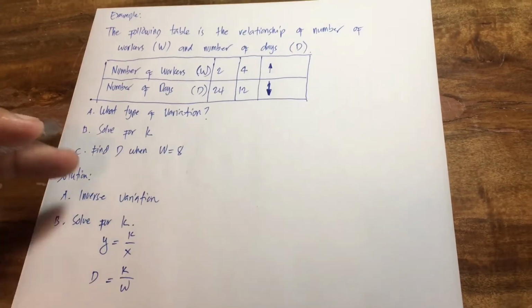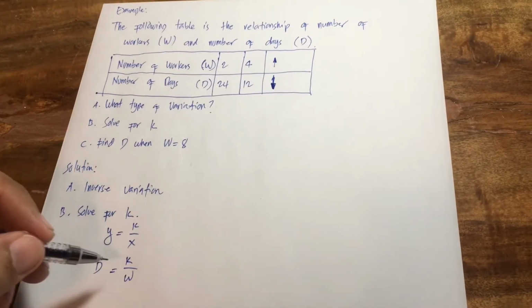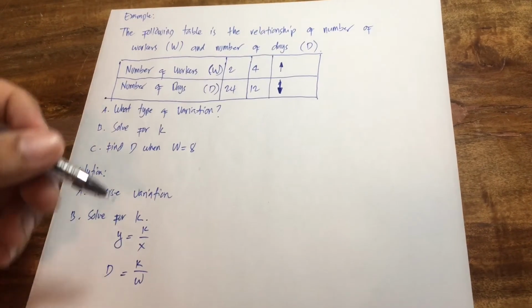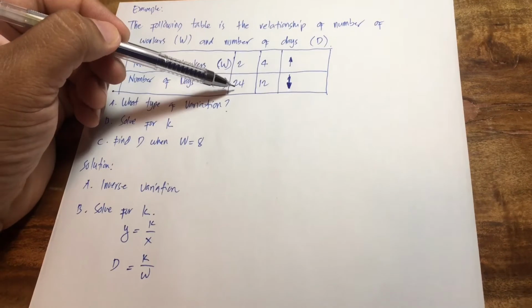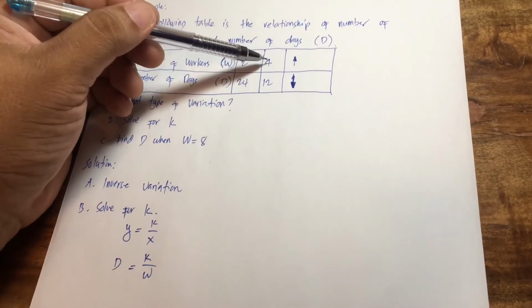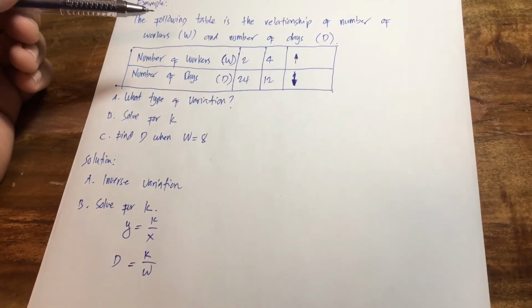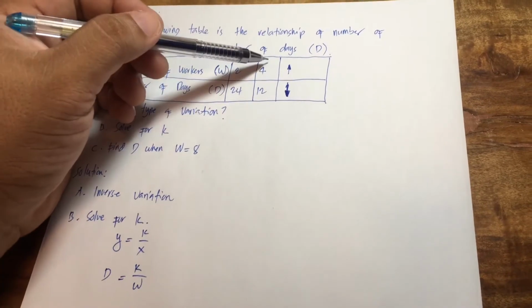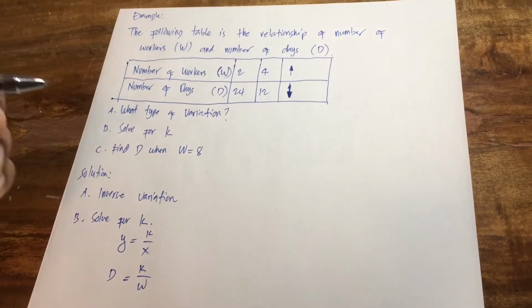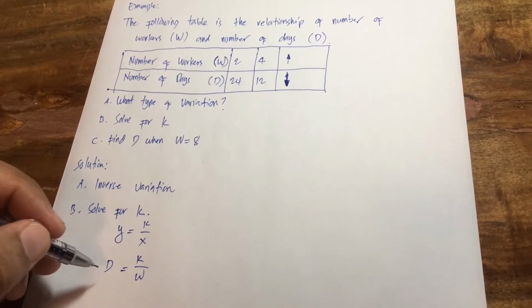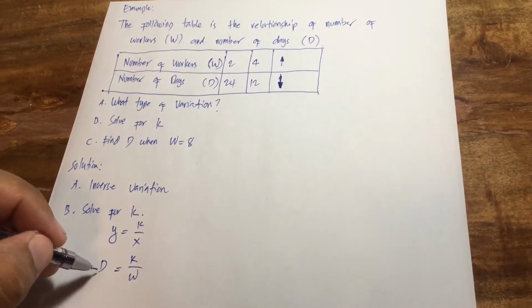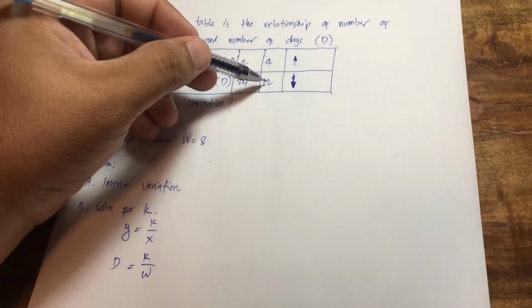So solve for k. How to compute k? We can actually use this pair, 2 and 24, or 4 and 12. So we will use the second to make it simpler. So solve for k. Our d is 12.